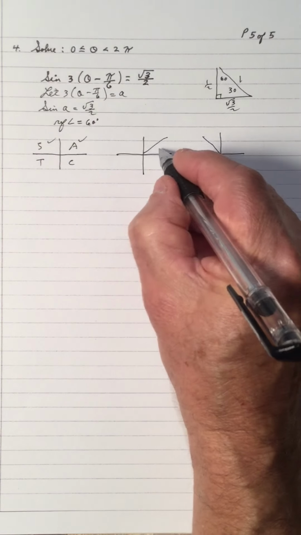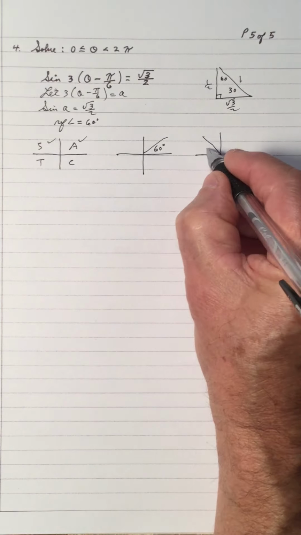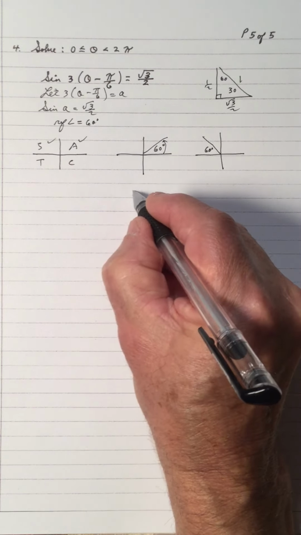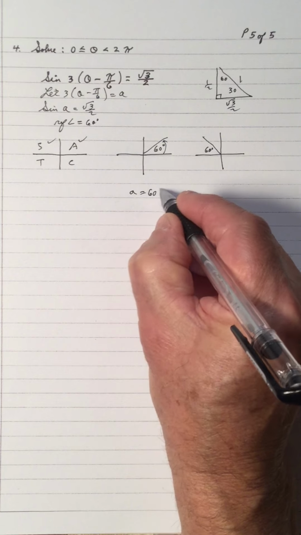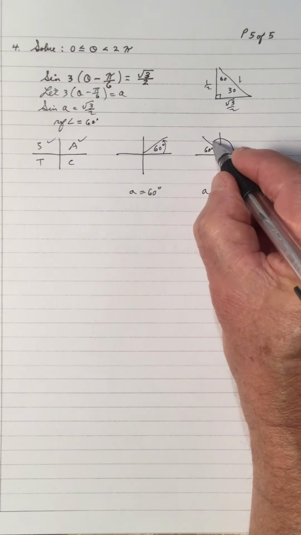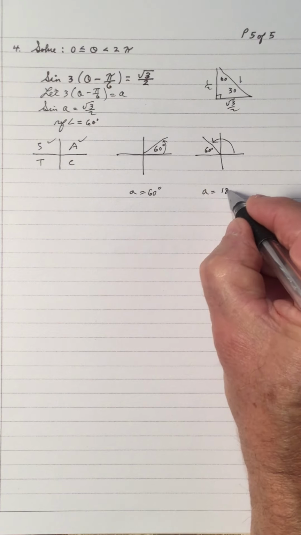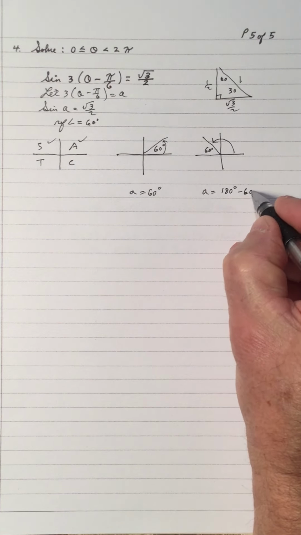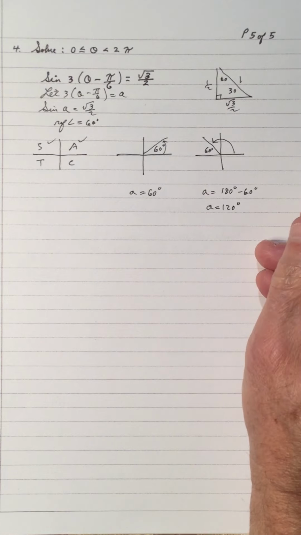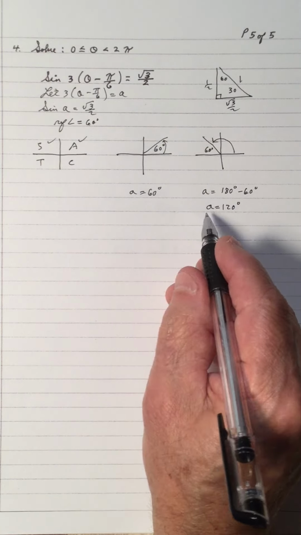We put the reference angle of 60 in there. So A is 60 degrees, and A here is the rotation, so it's 180 minus the 60. So A is 120. So we got the two angles.